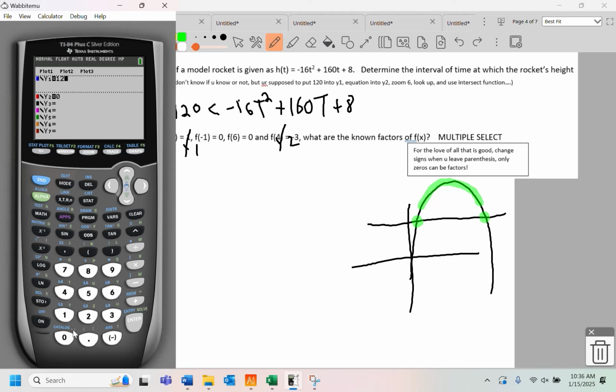Put 120 in y1, put the equation, negative 16, we'll have to use x to the second, plus 160x, plus 8, zoom 6.